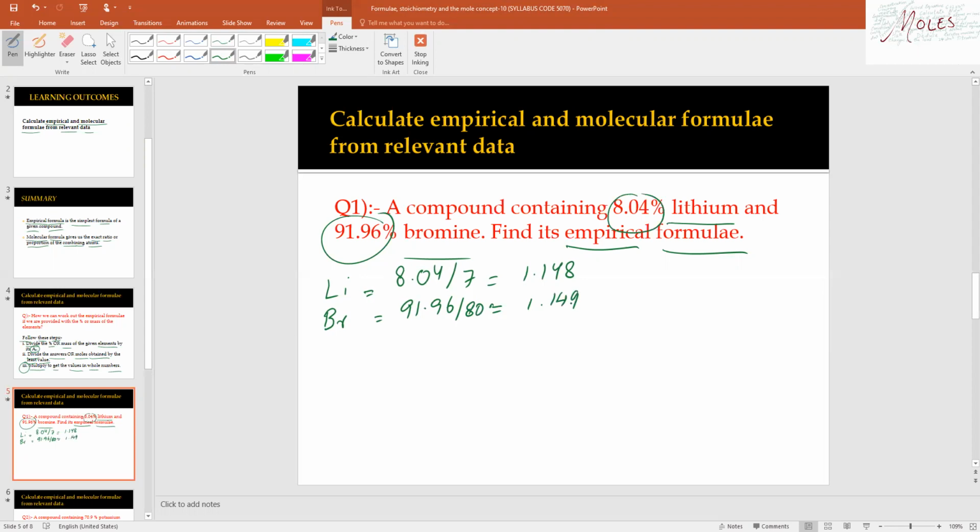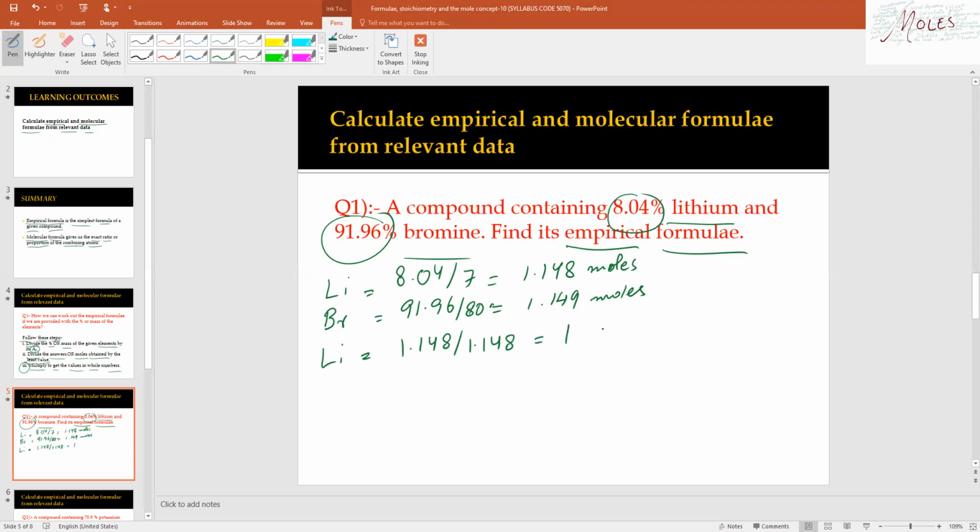Then I will divide the answers obtained. You can also call it moles. We'll divide these values by the least value. 1.148 is the least value.